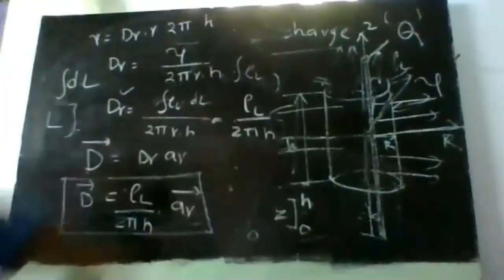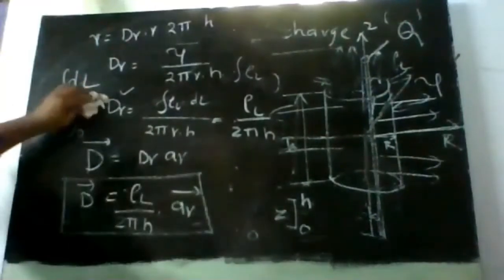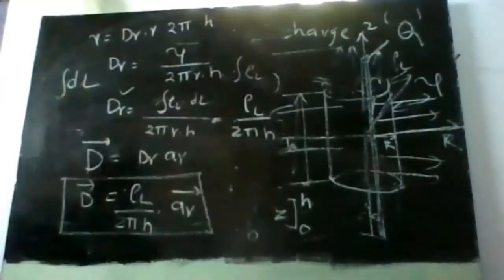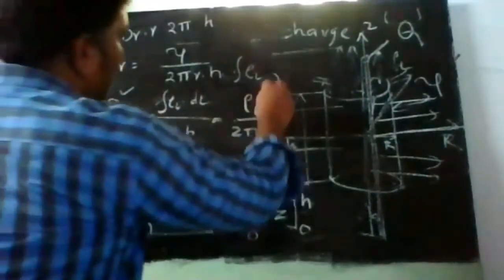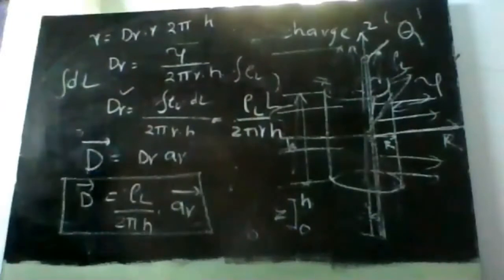We can consider this as some arbitrary length. Otherwise also no issues, you can stop here itself. So you can put this as rho L into L, right? If you're getting confused, you can stop it here itself also.